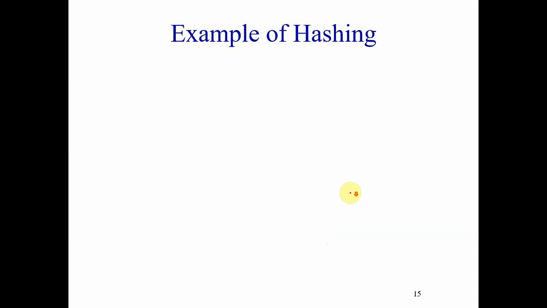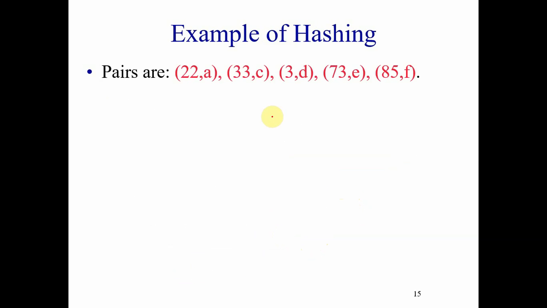To illustrate the idea of hashing, we have the key value pairs as the following. 22, the value is A, and the key is 23 and the value is C, and so on and so forth. 3D, 73E, 85F.